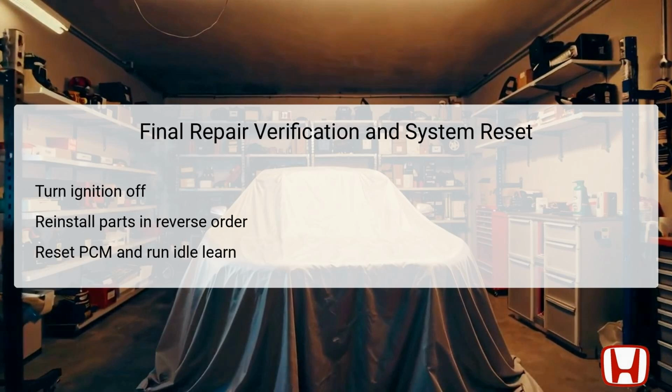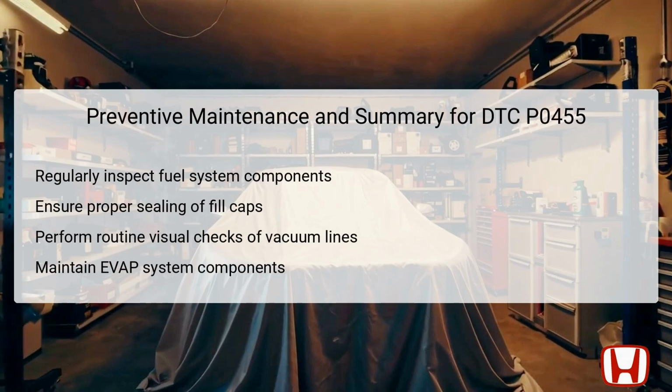Finally, conducting the EVAP system function test verifies if the repair has successfully eliminated the large leak, confirming the troubleshooting process is complete. Preventative measures for avoiding recurrence of DTC P0455 include regular inspection of the fuel system, especially the fuel fill cap, vapor lines, and associated valves.